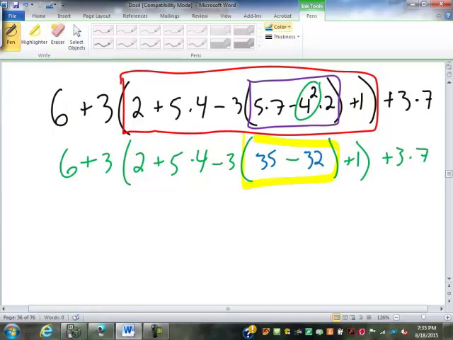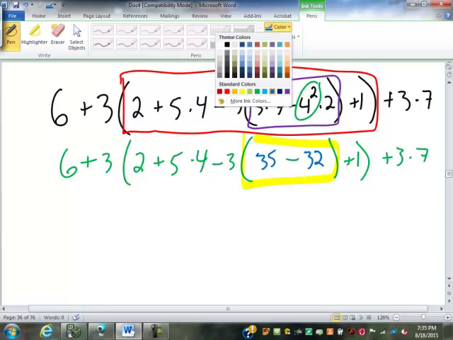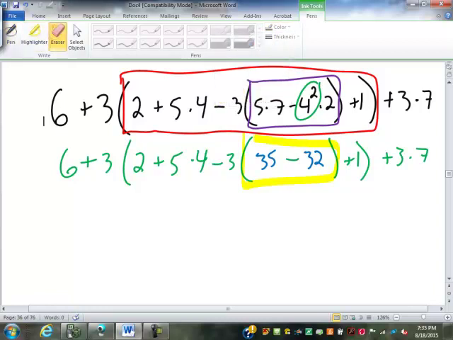And then subtract 35 minus 32, which is 3. Now we've reduced what's inside that set of parentheses to a single number, so what do we do? Drop the parentheses and remember to put in multiplication.